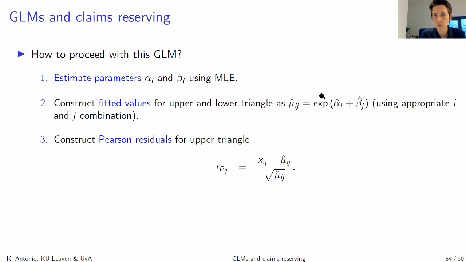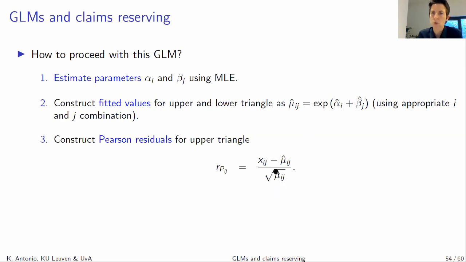Now, having this fitted value, you can also construct a Pearson type of residual for your upper triangle. We discussed these Pearson residuals earlier on when we talked about GLM. So that's the observed value in your cell, that's the X_ij, minus the fitted value, that's the mu hat, divided by the square root of your variance function.